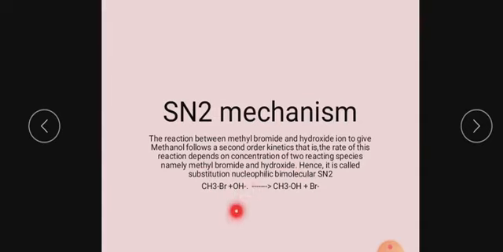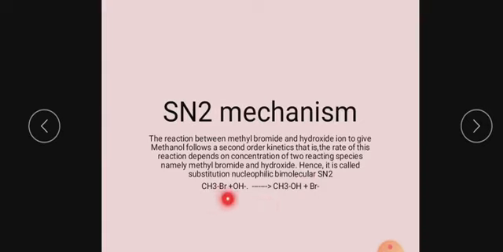And in this reaction we get the product CH3OH, that is, the Br from the CH3Br is replaced or substituted by the OH minus, and we get the CH3OH product and Br minus as a byproduct.